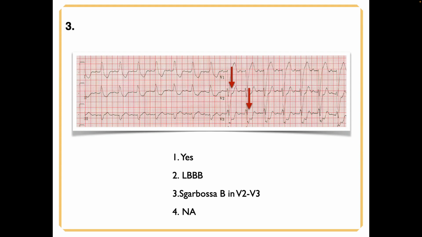You're right about circus ponies, but remember left bundle branch block obscures possible posteriors as well. Sgarbossa B has nothing to do, or not necessarily, with septal, anterior or posterior. It's a whole different thing.